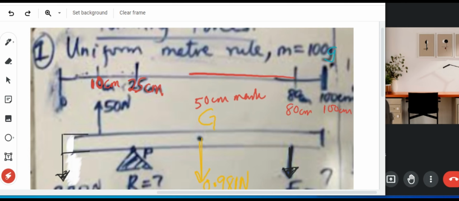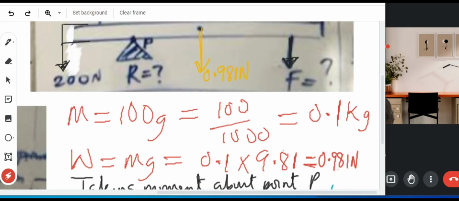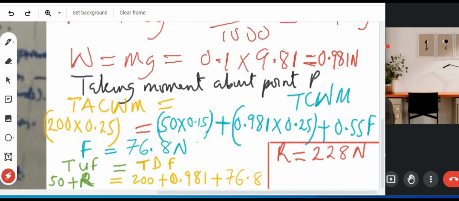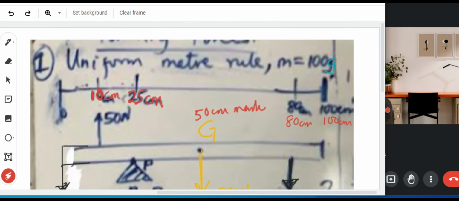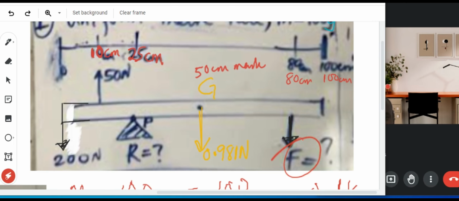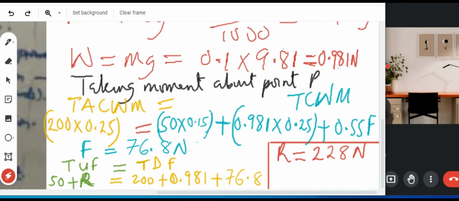So the distance is 80 minus 25, which is 55, and so we're going to have 0.55 times F. That is force times distance from pivot, F times 55 centimeters, or 0.55 meters in SI units. So this is 0.55 F.